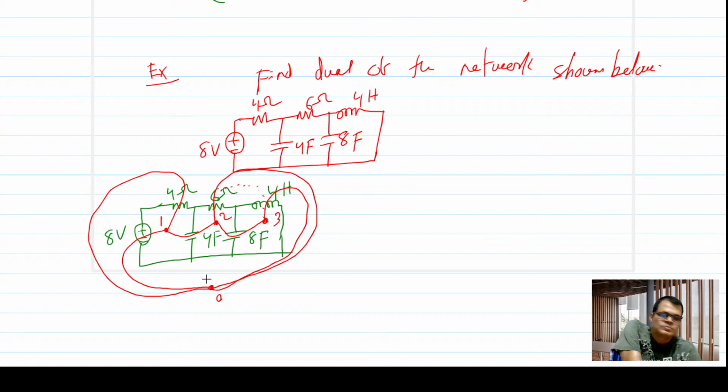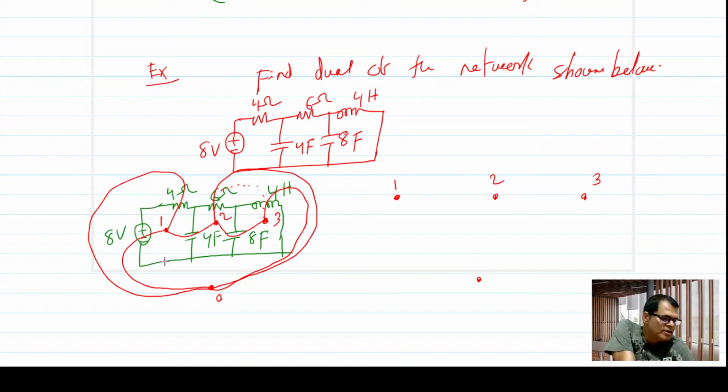Now here is node 1, node 2, node 3 and the datum node. Now connect the dual of each element along that path.